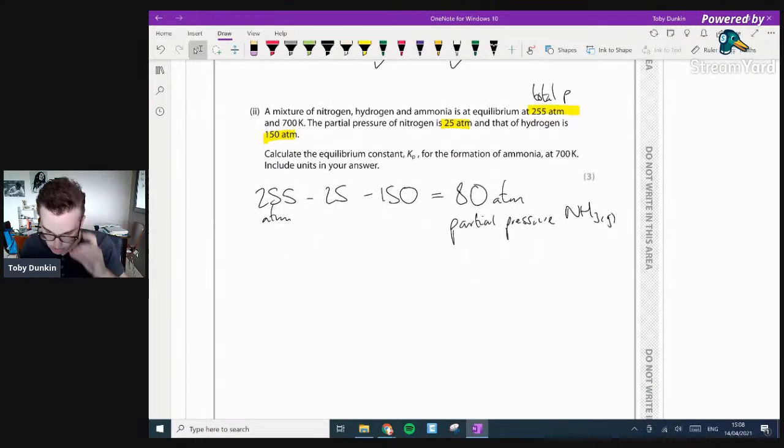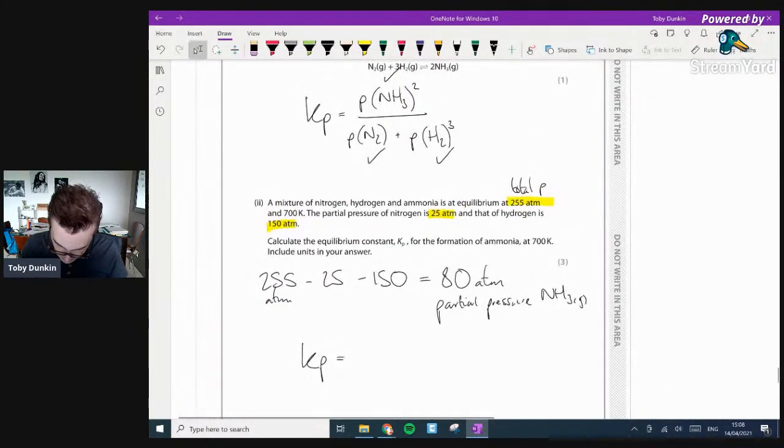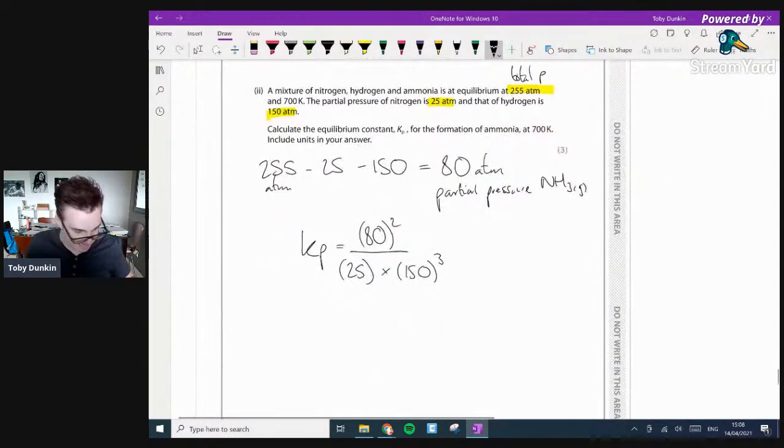Right, now we can just insert those into Kp. So Kp equals the ammonia 80 squared over nitrogen, which is 25 to the power of 1, times brackets 150, no, cubed. Right, run it through your calculator.